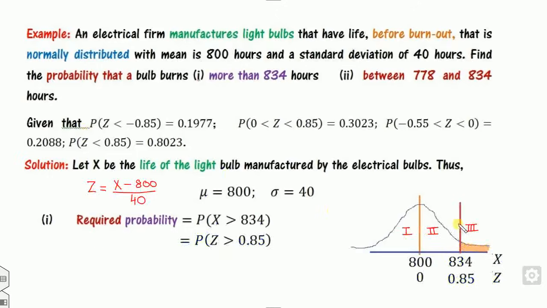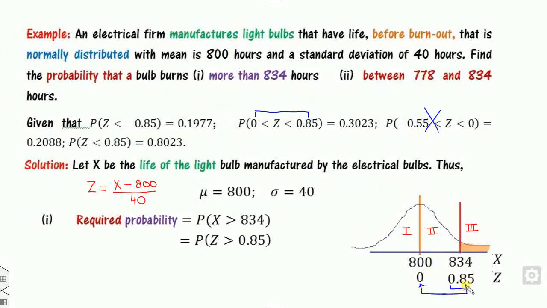Now your target is to find area 3. So now you need the 0.85. Look at the values. It's a plus 0.85. So this is not the value used, because you need z greater than 0.85. Which value do you need? This. In this figure, which area is this one? 0 to 0.85.